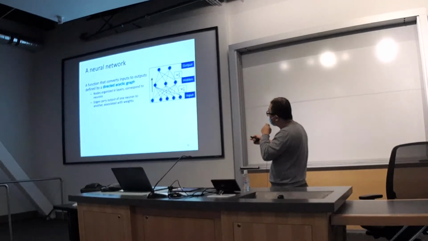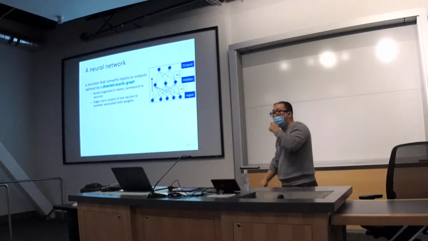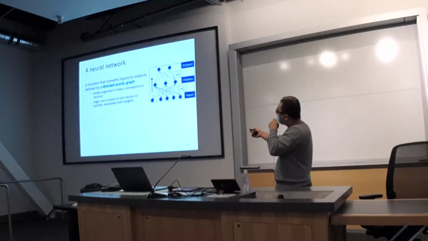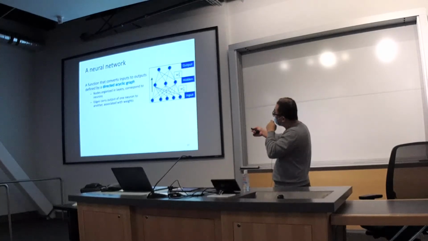Then you multiply the weight with each incoming node value, add them together and perform some activation function. You get the value of this neuron, and this neuron will send out its value to the layer above. You do this from the bottom layer to the output layer, and finally you get the output.